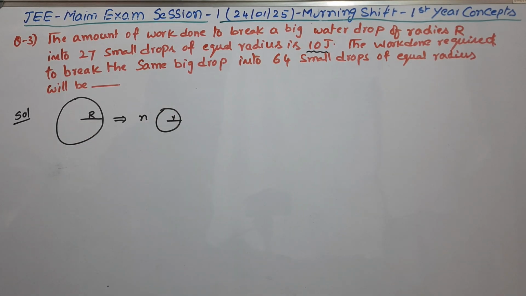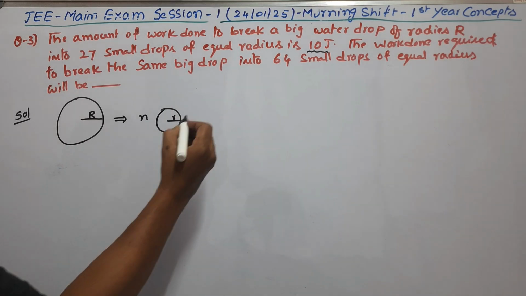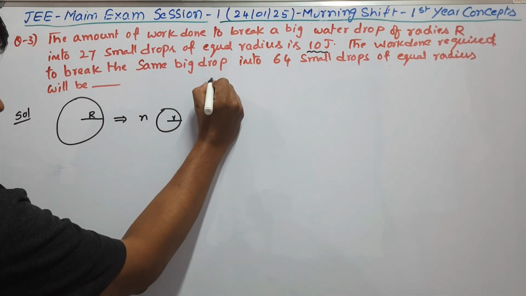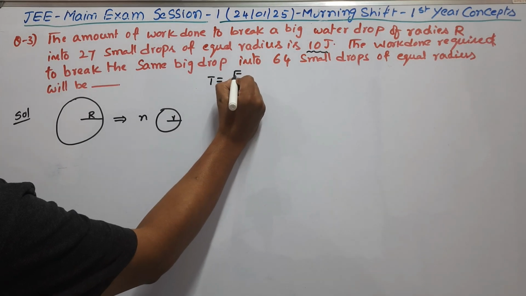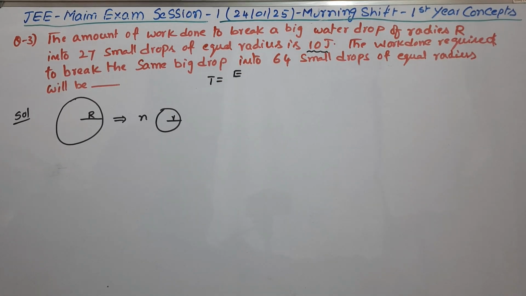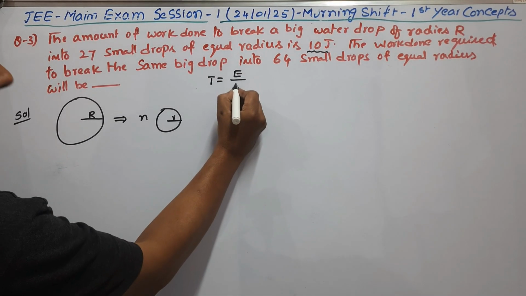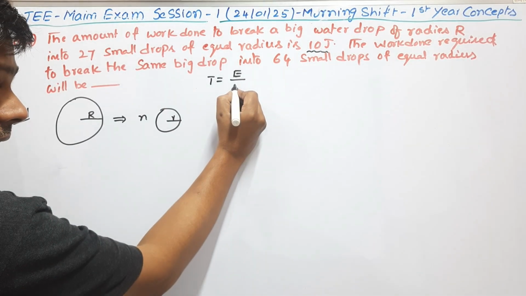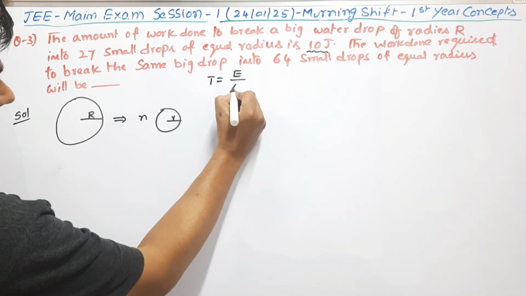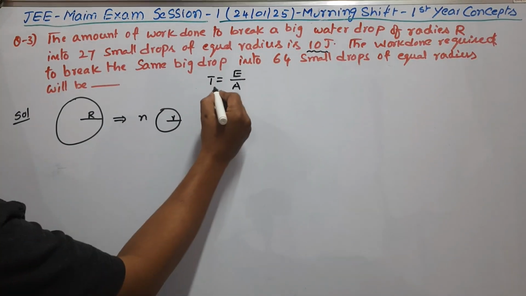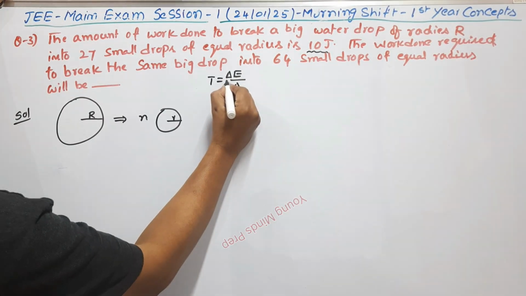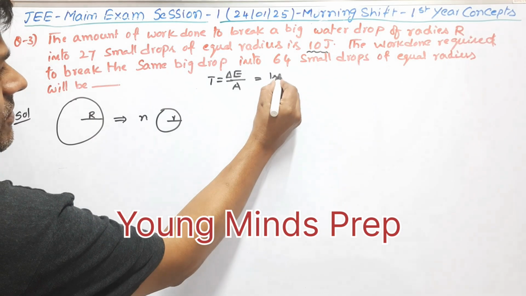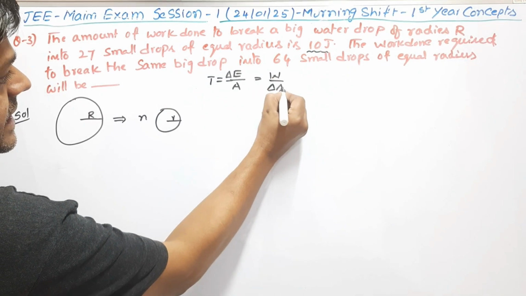From the definition of surface tension, T is equal to energy or work spent per unit increase in area. That implies T is equal to delta E by A. It may be written as work done per change in area.